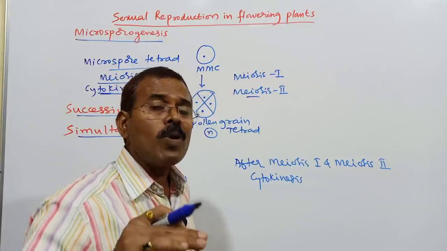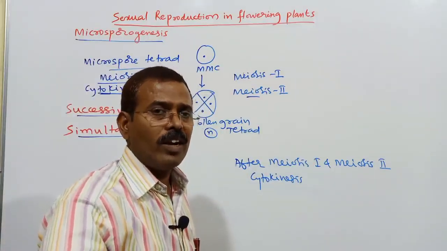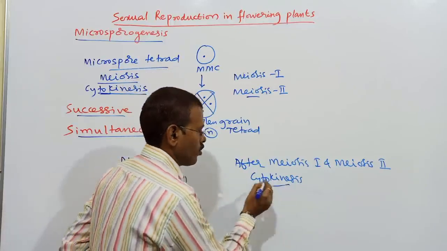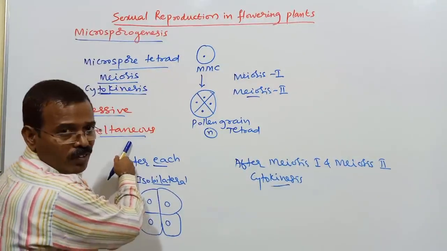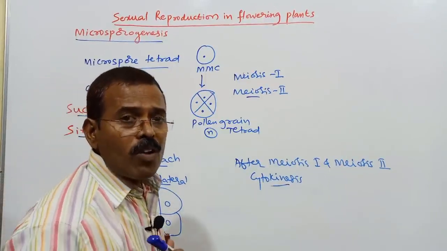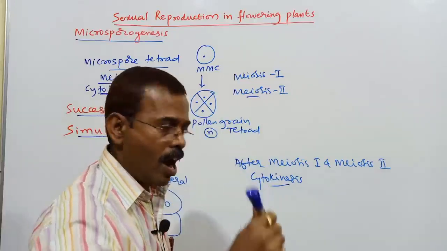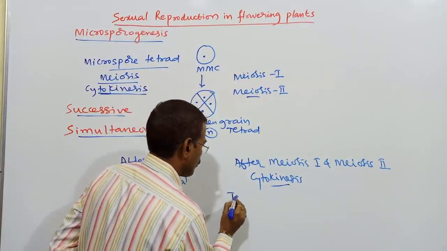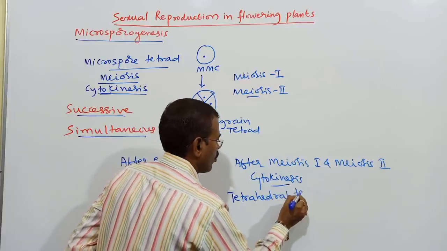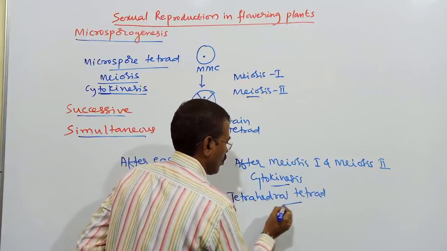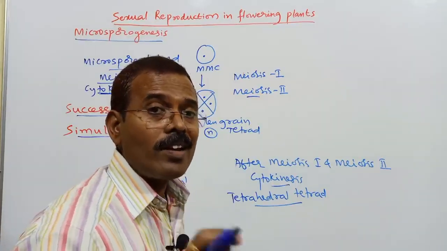Here completely after meiosis, that includes both first and second, then there will be cytokinesis. When simultaneous cytokinesis occurs, there will be formation of tetrahedral tetrad.